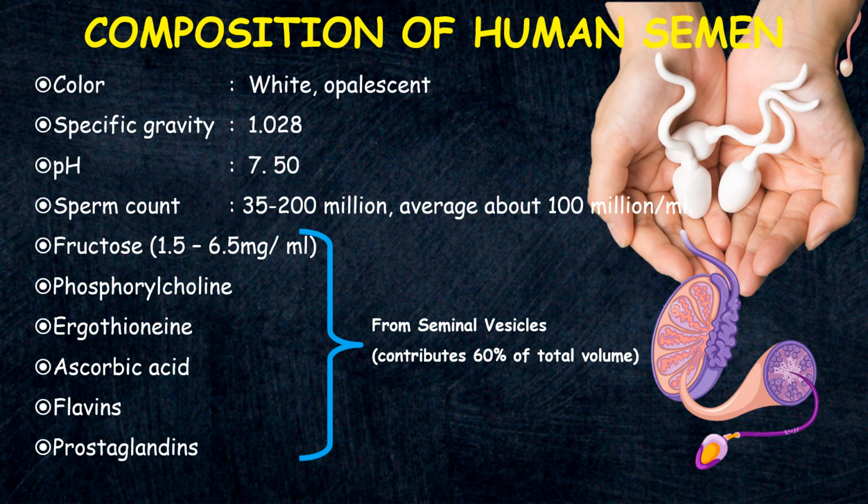The main function of the seminal vesicle secretions is to give nutrition to the sperms by the fructose and other nutritive substances. The clotting of the semen, which happens soon after the ejaculation, is mainly because of the fibrinogen, and fertilization of the ovum may be enhanced by the prostaglandins.